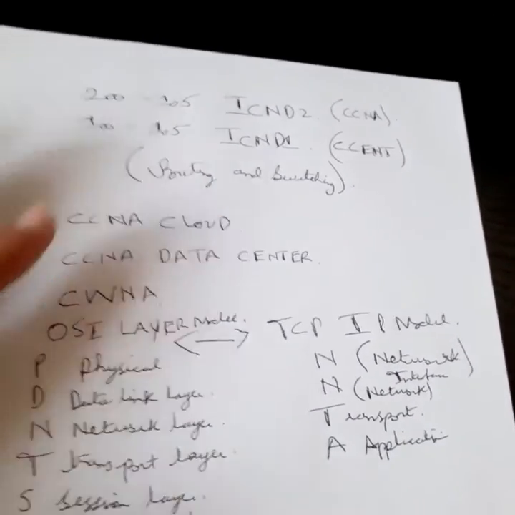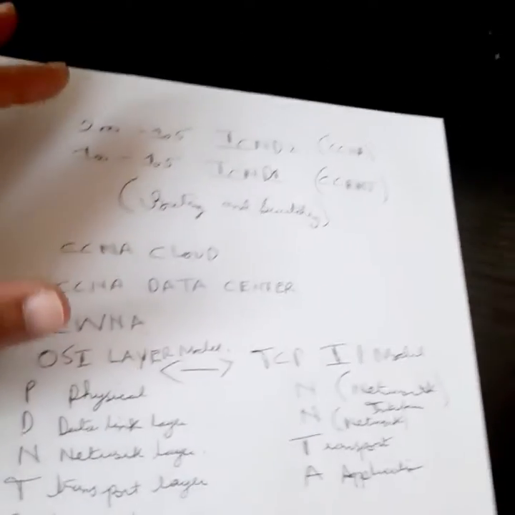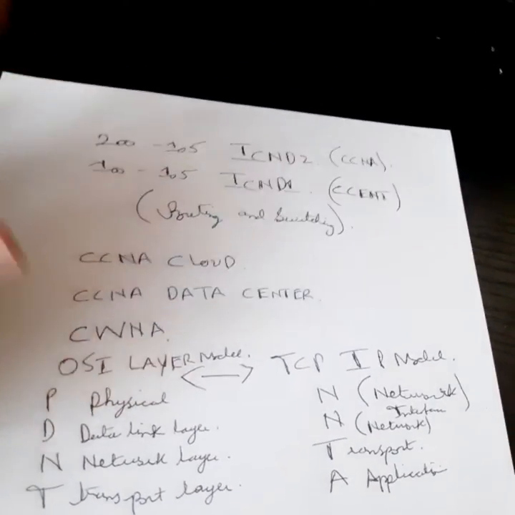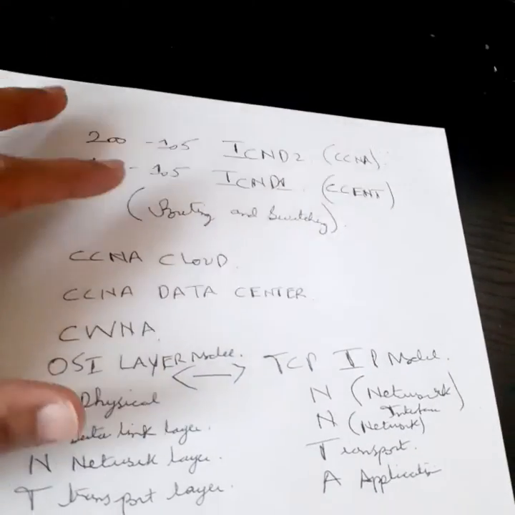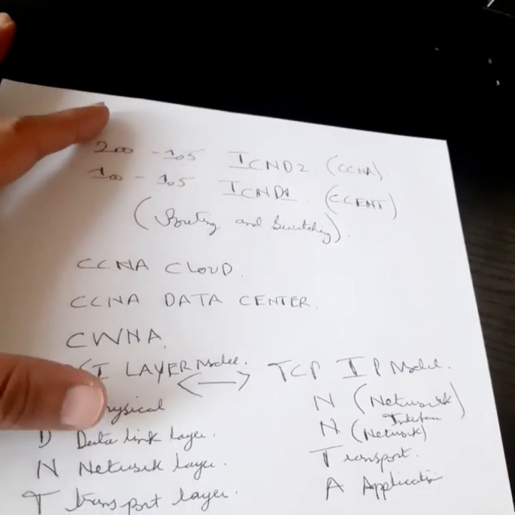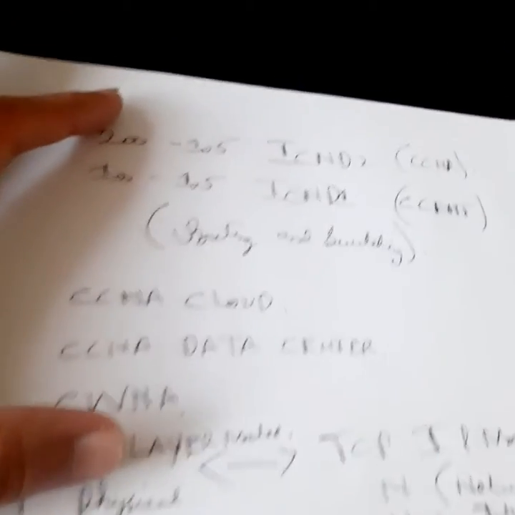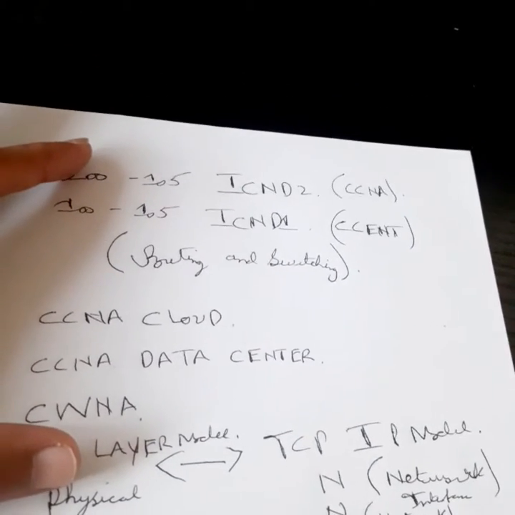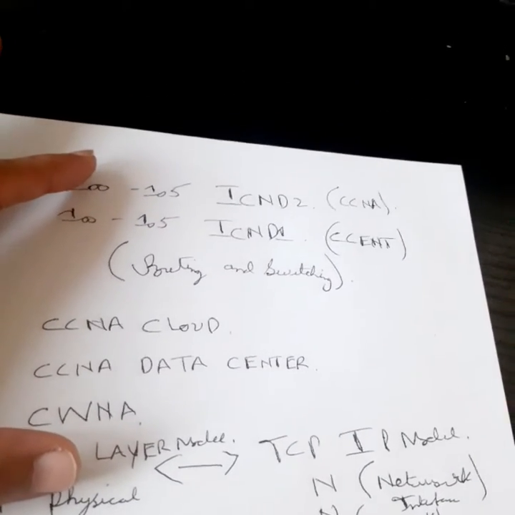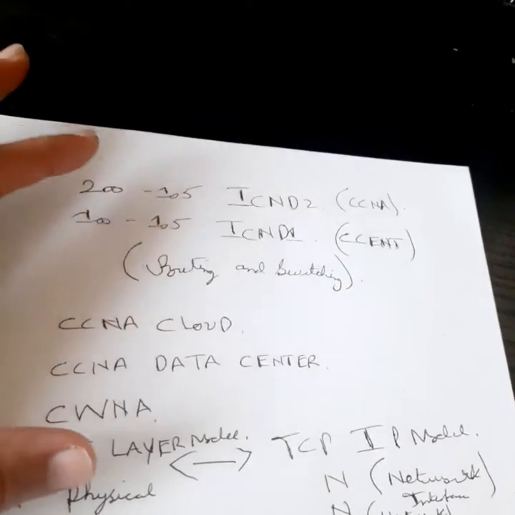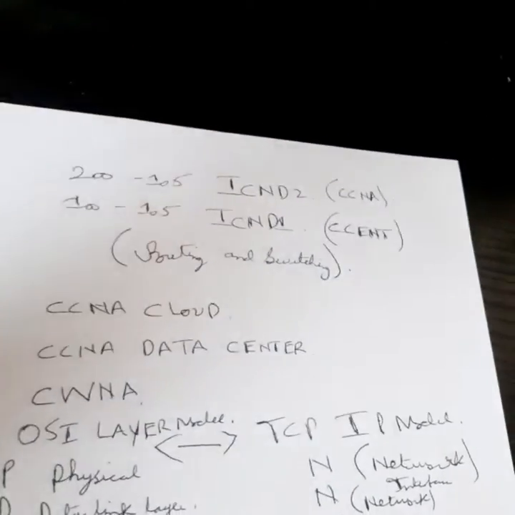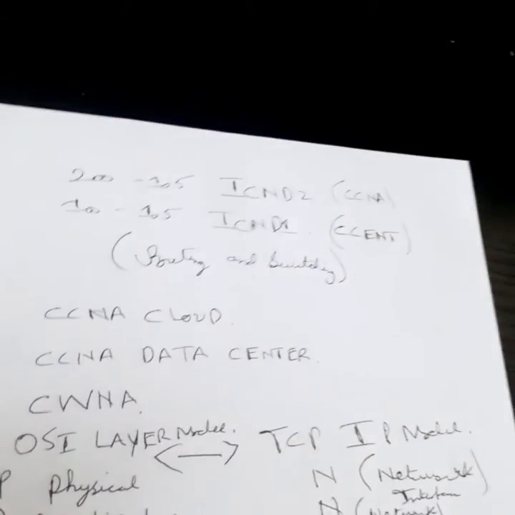My idea is that you can go to Amazon or any websites that sell old books. These are all legacy systems now. Just concentrate on this side. If you can get books on these, that'll be really useful, because the new CCNA covers a lot of the topics from some of these: routing and switching, cloud, wireless networking.